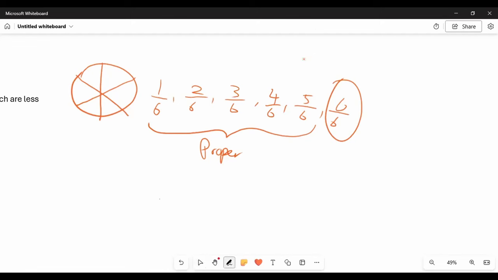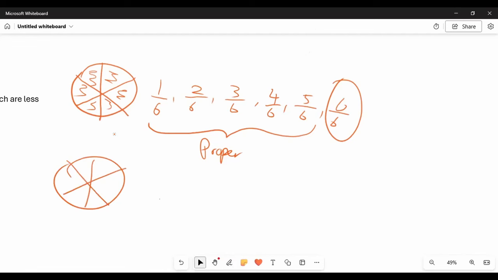Earlier he had one, and then the second one, third, fourth, fifth, and finally he has completed the entire pizza now. He has had the entire 6 pieces. Now he's even more hungry, so he's going to order another pizza.